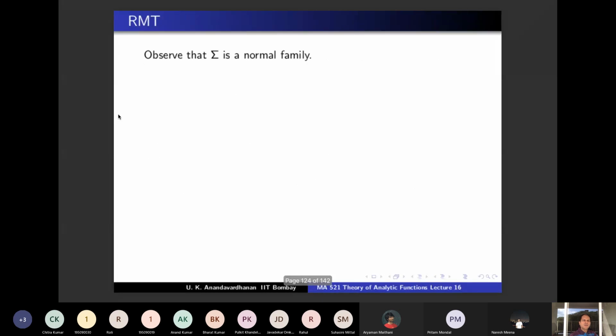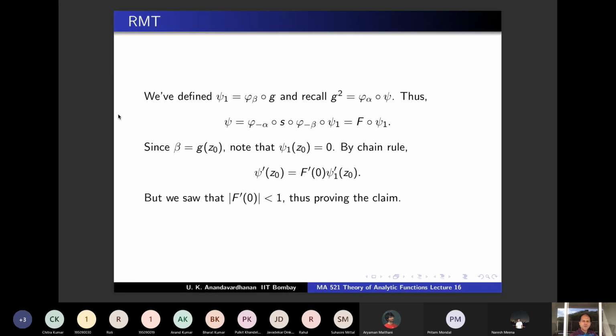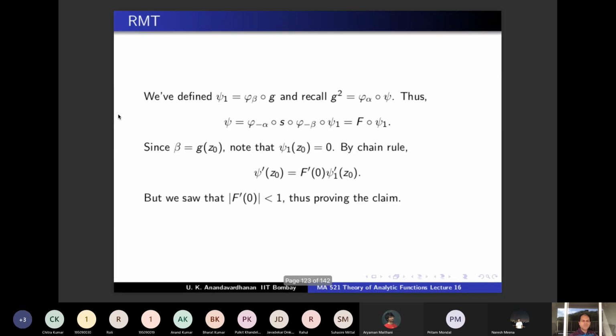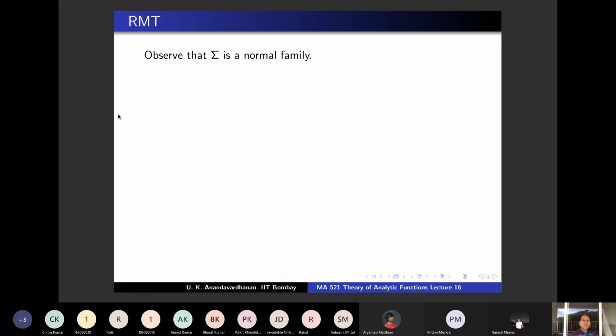So we have come here. This is the speed increasing thing rigorously proved, using Schwarz's lemma. Observe that sigma is a normal family. Why is it a normal family? Sigma is the set of 1-to-1 holomorphic functions on omega valued in U. And you know that by Montel's theorem, you will get normality if you have locally uniformly bounded functions.